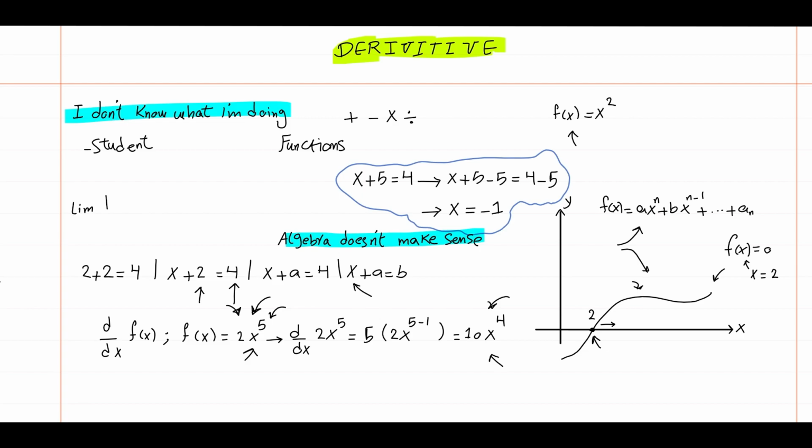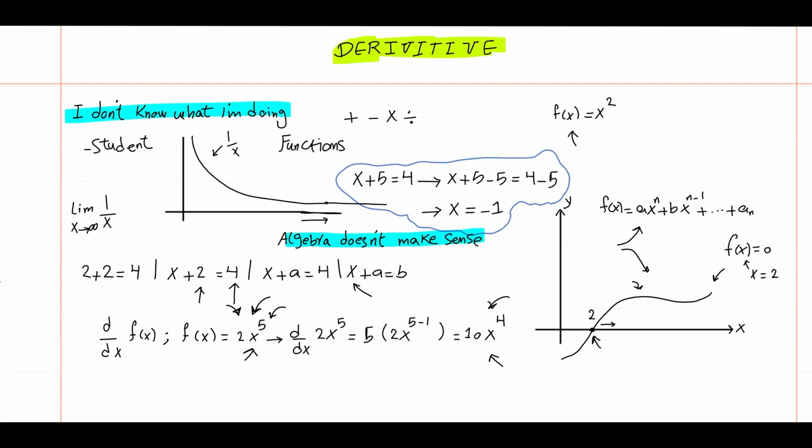The limit of 1 over x as x approaches infinity. We may have learned a lot of stuff regarding limits, but at the end of the day, what this question asks is, I'm plotting here the function 1 over x. What this question asks is that as I go along x on the x-axis, and I begin approaching infinity, so huge numbers, what will become of my curve, this curve?